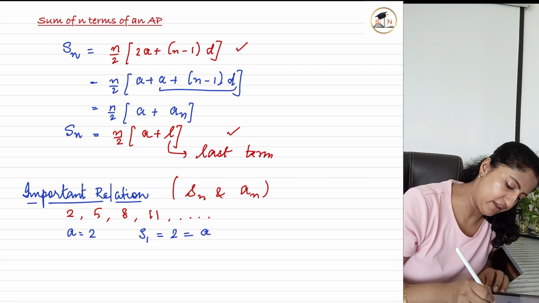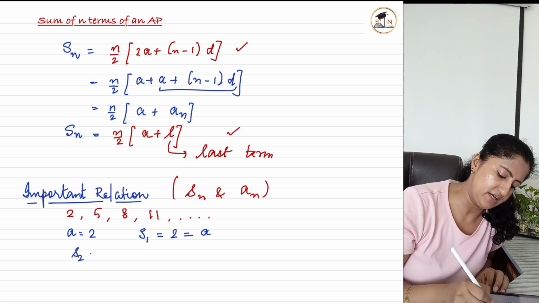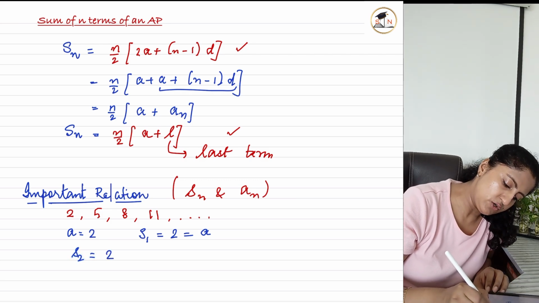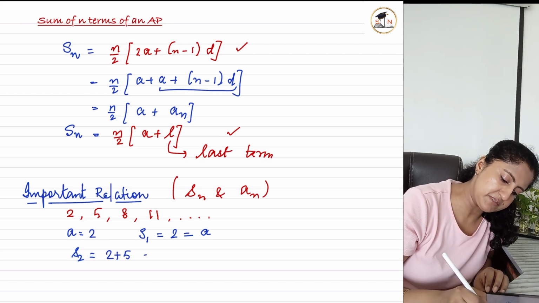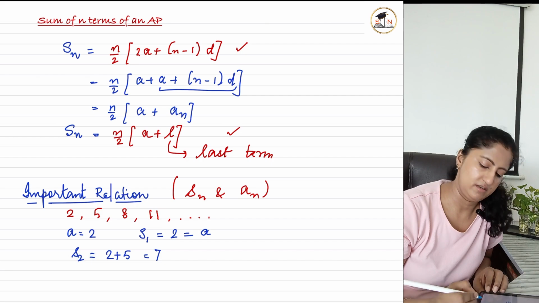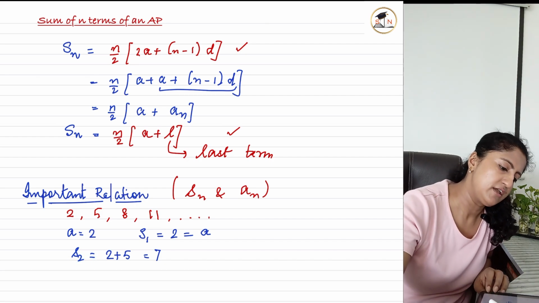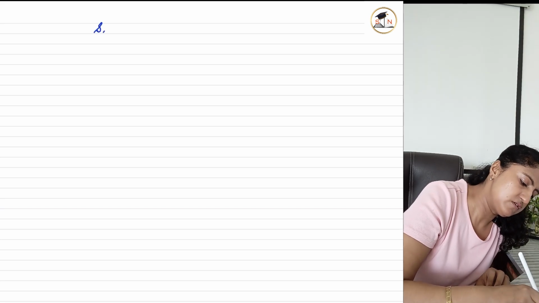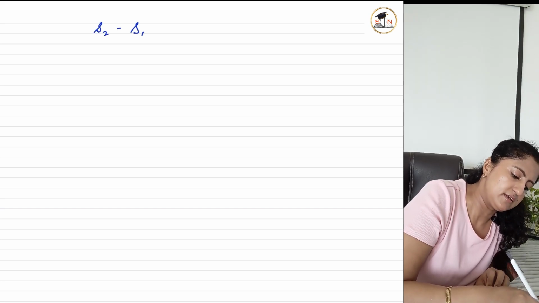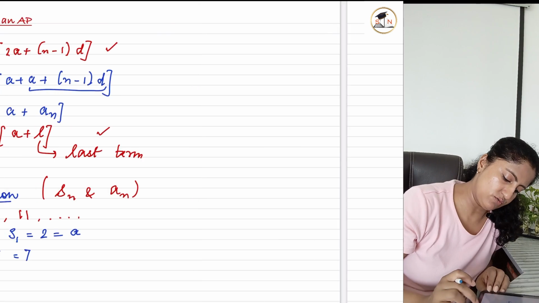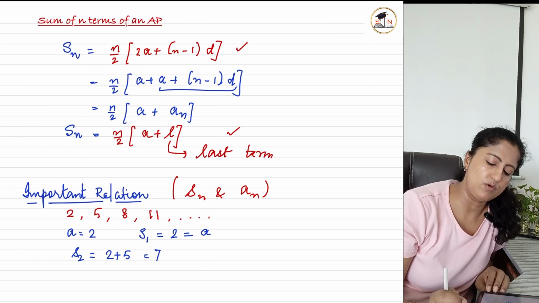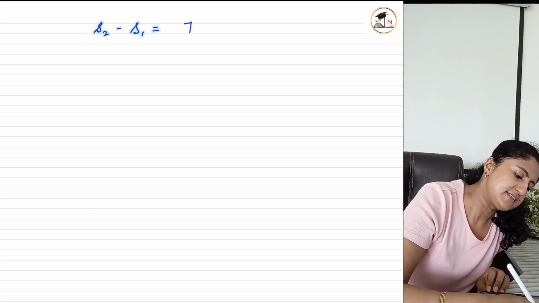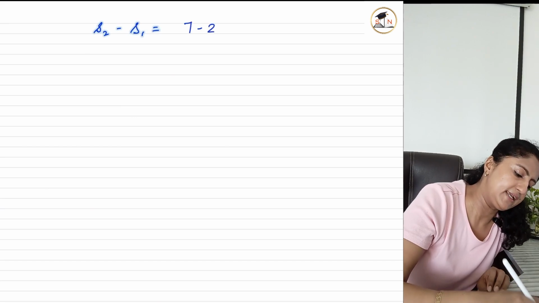Right? Now, if I ask S2, that means the sum of the first and the second term, that is 2 plus 5, which comes out to be 7. Now, if we happen to subtract S2 minus S1, that is, S2 was 7, S1 was 2, and if I subtract that, 7 minus 2, what am I getting?